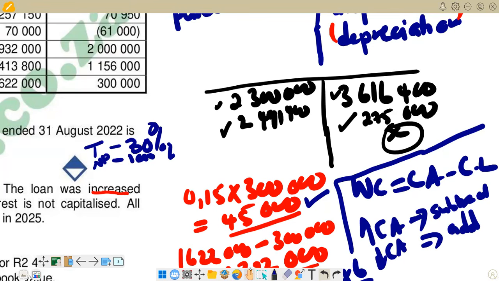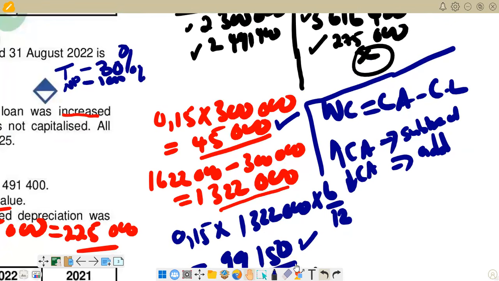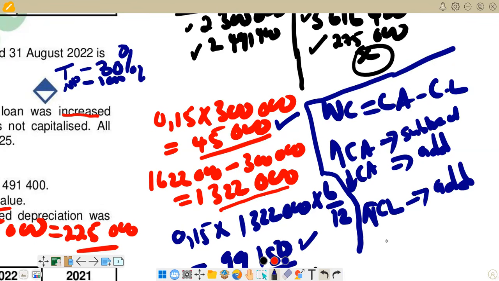It also applies to current liabilities. Remember, working capital is calculated as current assets minus current liabilities. So this is the effect on current assets, but on current liabilities it becomes the opposite. When there is an increase, we add. And when there's a decrease of current liabilities, we subtract.